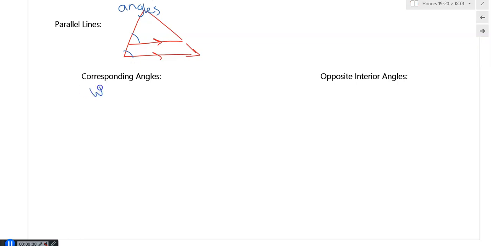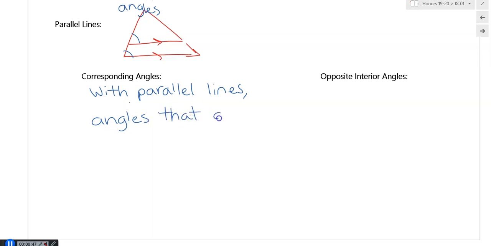Okay, so with parallel lines, angles that are in the same corner are congruent.